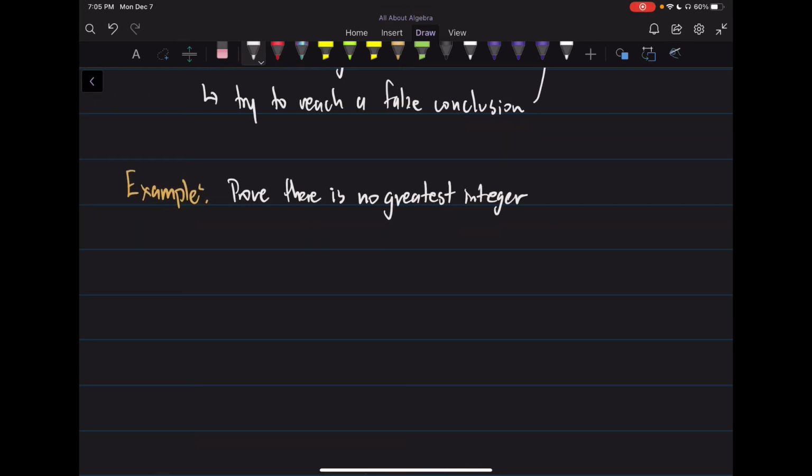So what we can do is we can assume the negation, which is there exists, let's say, x that is a natural number such that n is less than or equal to x, sorry, and for all n that are natural numbers.